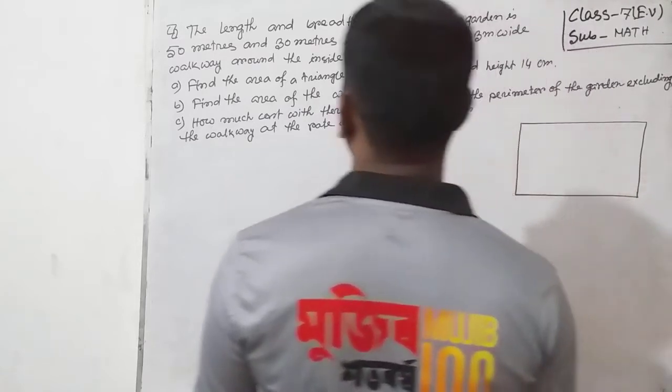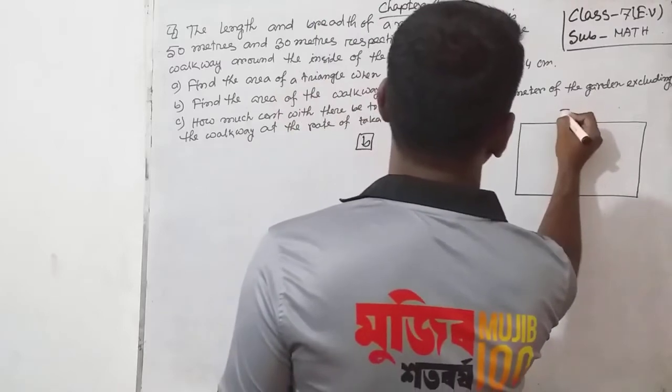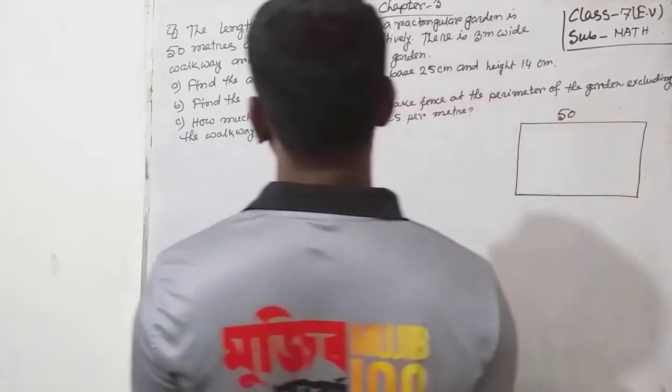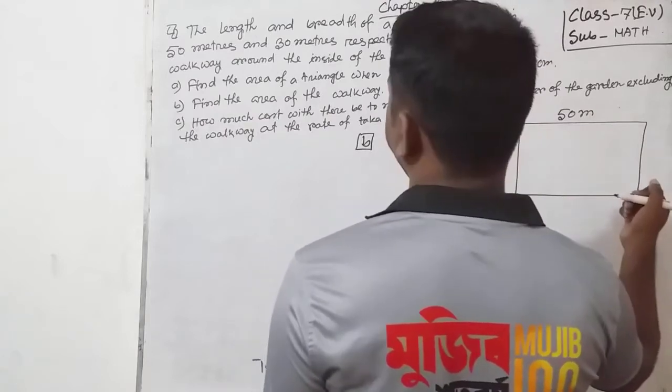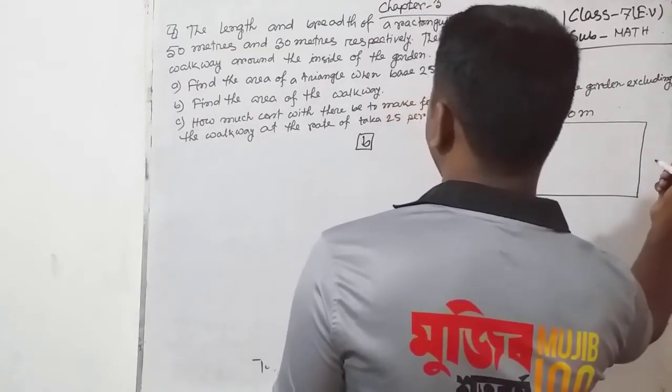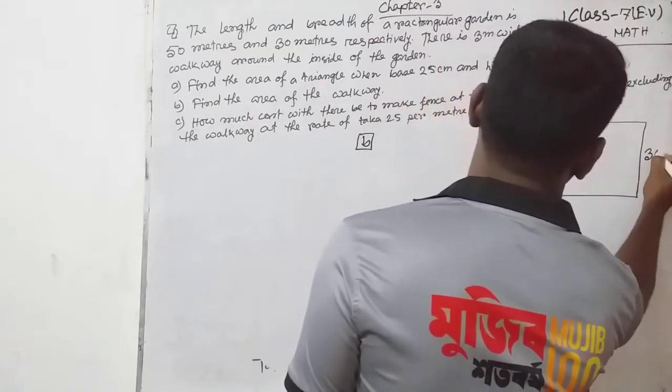Okay, length is 50 meters and breadth is 30 meters.